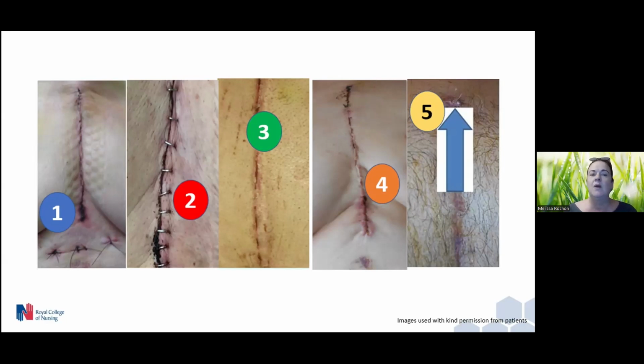And indeed, when those staples were removed, that is exactly where the wound opened up. Number three is an example of tissue handling. Number four, that puckering or pillowing that we mentioned. And number five, right at the top, you can see a stitch not there and some length present. And that is, of course, where the infection developed.